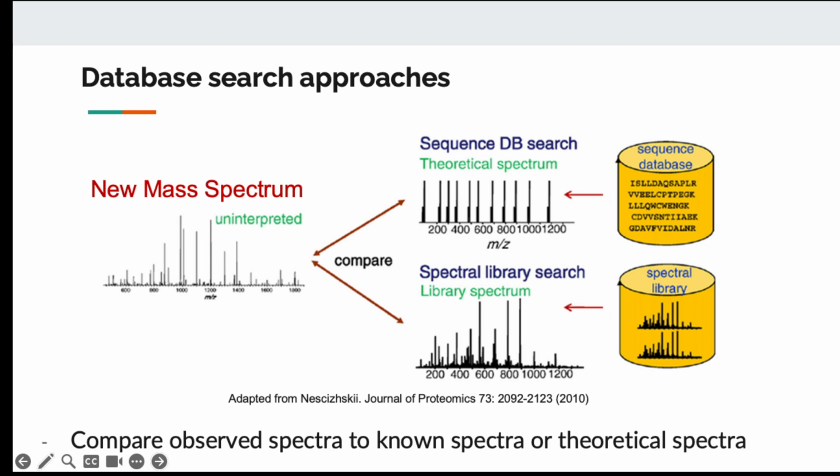And because we know that when we fragment the peptides, we generate ions like IE, IEL, IELL, right? So we know what the mass-over-charge values will be.